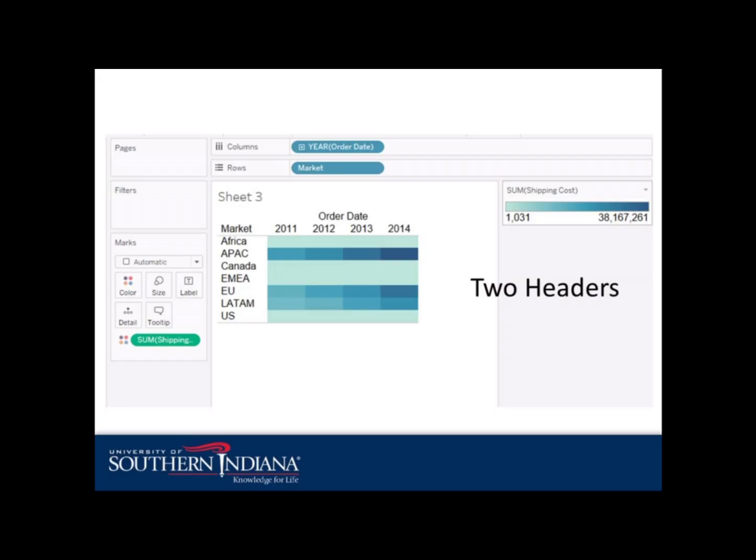You'll see a heat map, and you'll see the sum of the shipping costs represented by colors in a range from light to dark. So that is one thing when people start throwing things onto the view without thinking really clearly about what the data represents, they get confused. Like, why didn't I get a bar chart here? You didn't get a bar chart because you didn't throw a measure out onto the view to start off with.